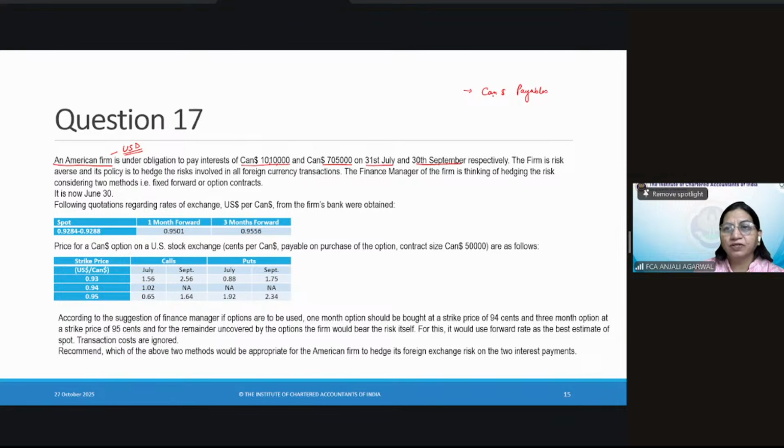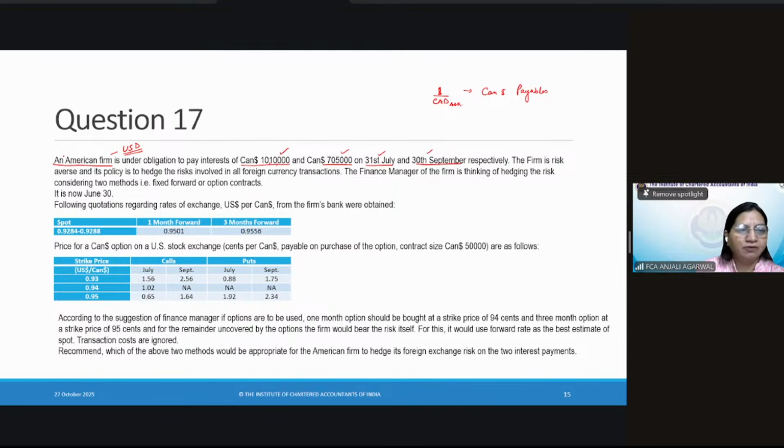Okay. So we need to pay Canadian dollars. So we should have dollar per Canadian dollar ask. But there are two different amounts on two different dates. So now I know that we are to calculate something on 31st July and then on 30th September.